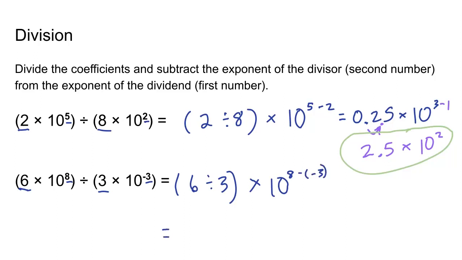And 6 divided by 3 is 2, times 10, and 8 minus negative 3 is equal to positive 11, because subtracting a negative is the same thing as adding a positive. So that becomes 8 plus 3, which once again is 11. And so the final answer is 2 times 10 to the 11th power.